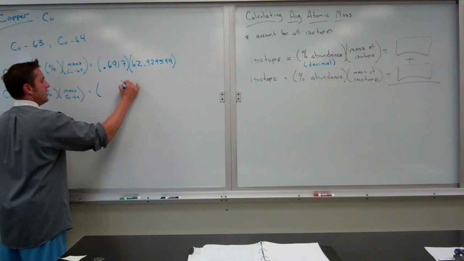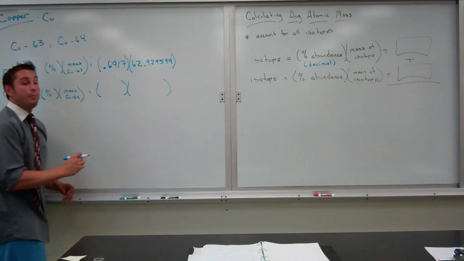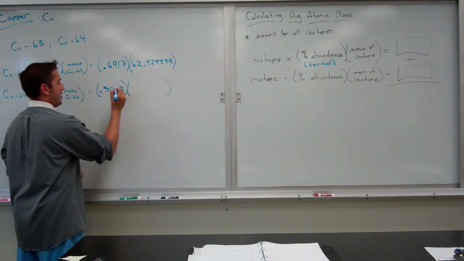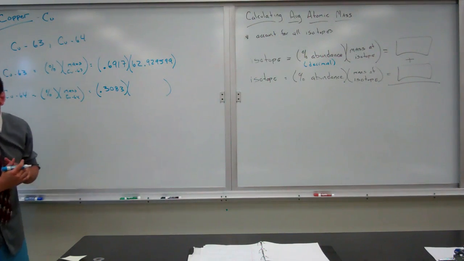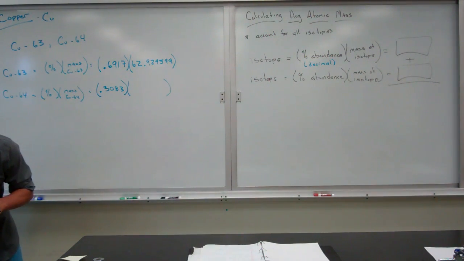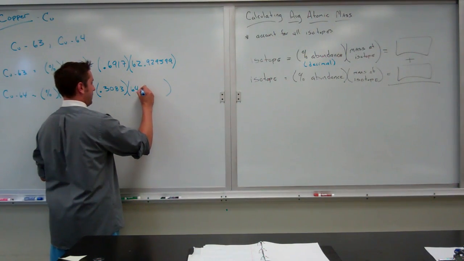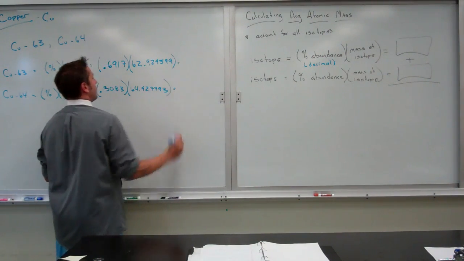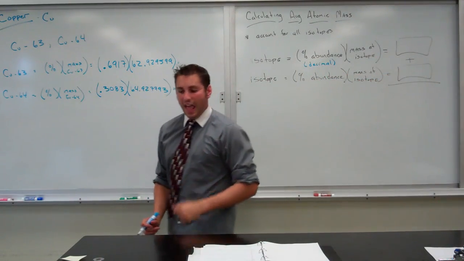Doing the same thing for the Cu-64 isotope, we'll find that its percent abundance is 30.83%, so it becomes 0.3083 as a decimal. And an atom of Cu-64 weighs 64.927793. So what we'll do is get what each of those isotopes contributes and then add them together.